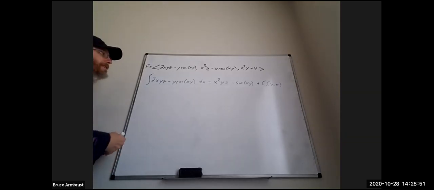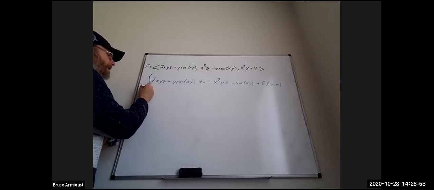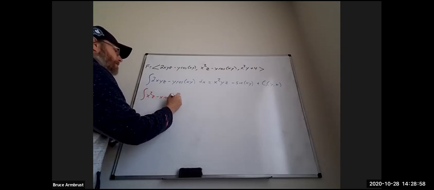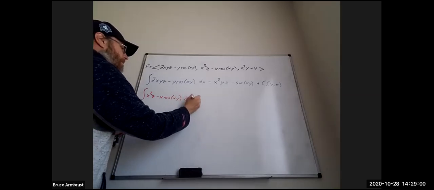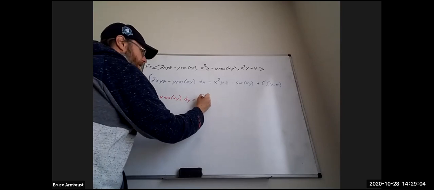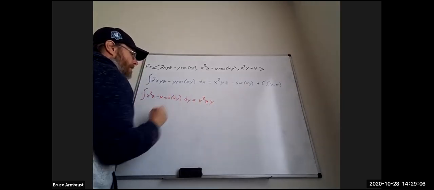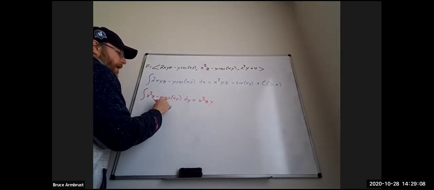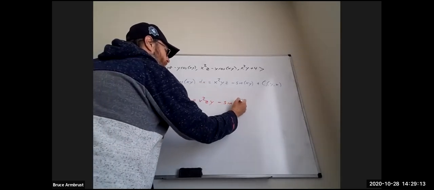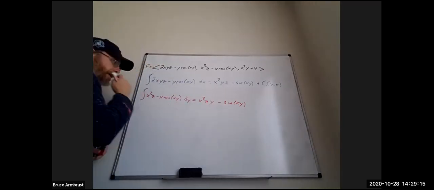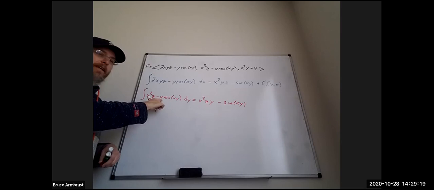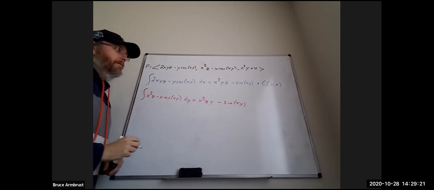Okay, so now we'll move to the next component and integrate it with respect to y. All right, well, the x squared z is a constant, so that's going to give me x squared z times y. The cosine is going to give me a sine. And the x's cancel, again, when you do the u sub. Okay.